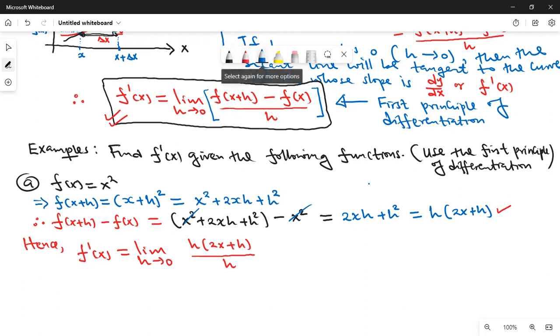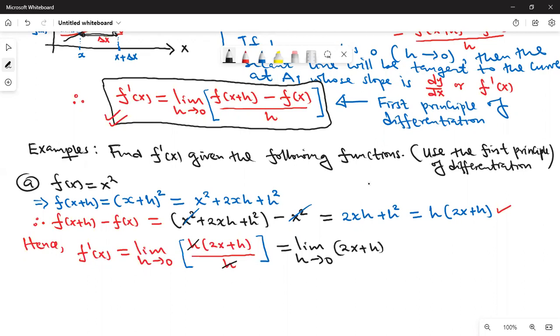So that is by the first principle. And you see, in this expression, h will cancel with the other h. So this is what we have: limit as h approaches 0 of 2x plus h.